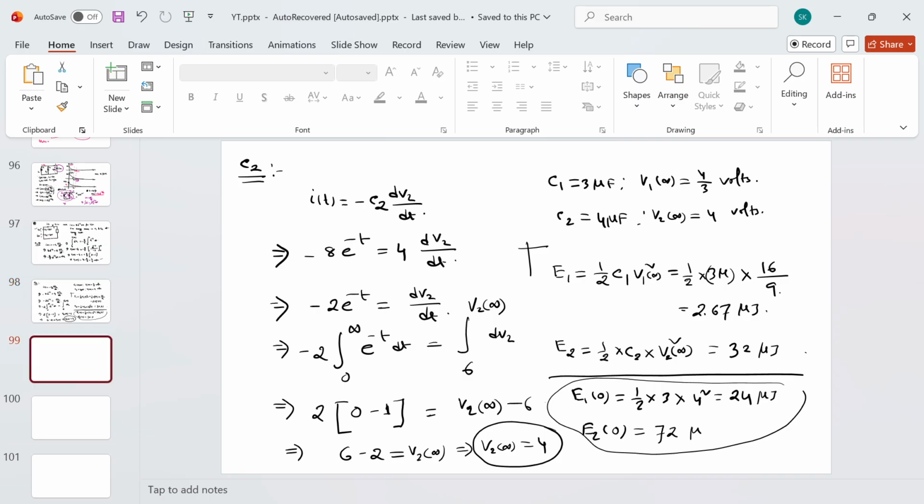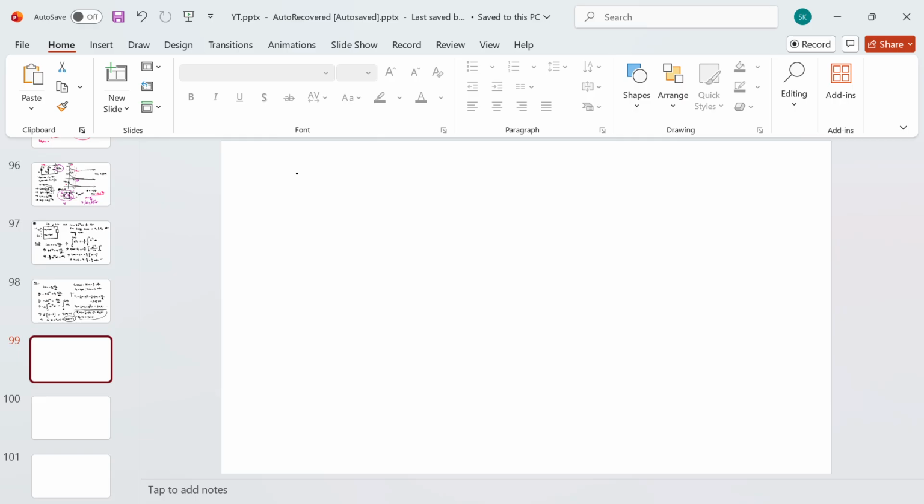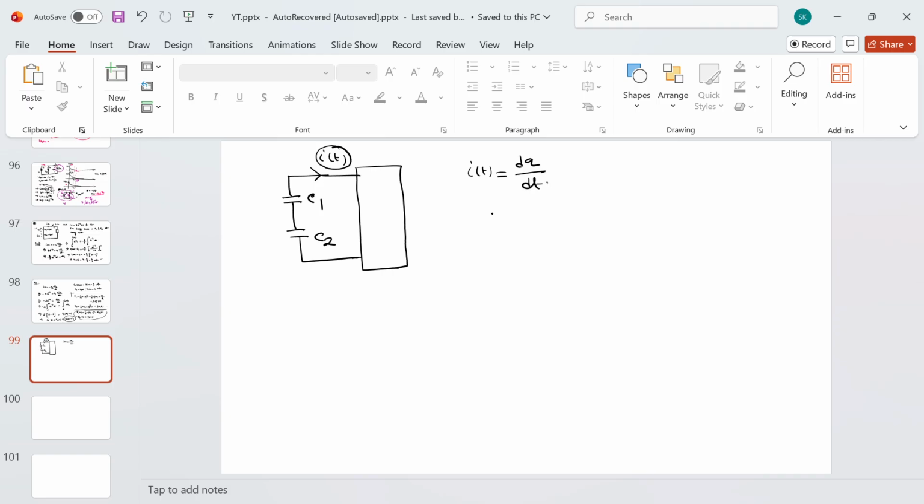See, there were two capacitors present here, and this was some circuit. Now you got some current here, and this current is flowing through capacitors C1 and C2. So the current is simply dq by dt, right?